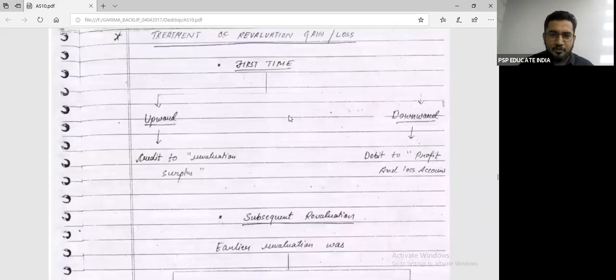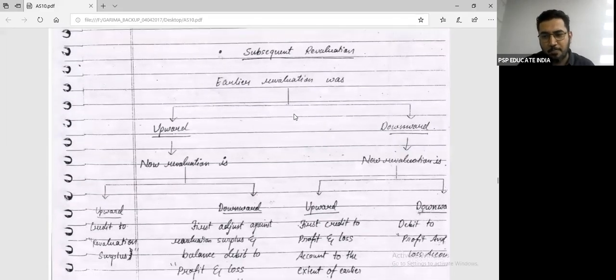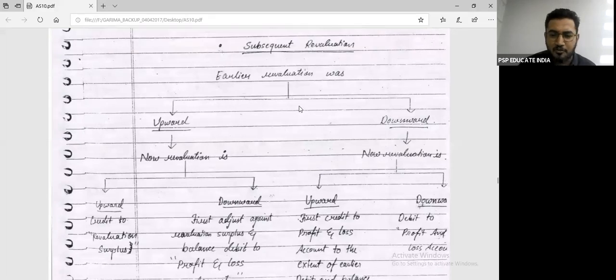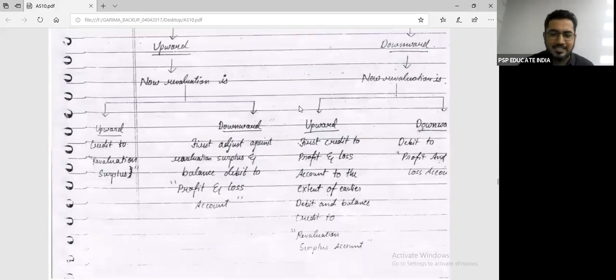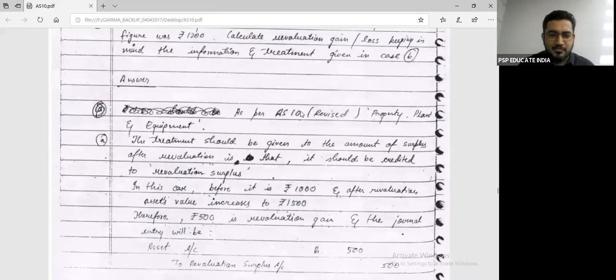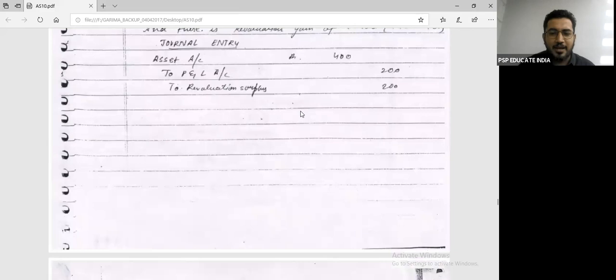On the other hand, if your earlier revaluation was downward and now also it is downward, you will debit the profit and loss account. If your earlier revaluation is downward and now it is upward, you will first credit to profit and loss account to the extent of earlier debit, and the balance will straight away go to the revaluation surplus account. Right, this is what we did, and we did 4 more questions so that you can clearly understand the concept.